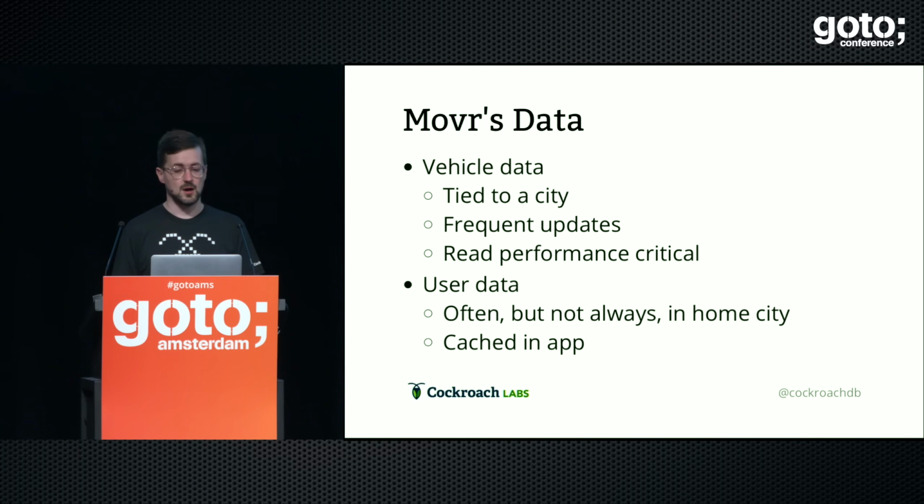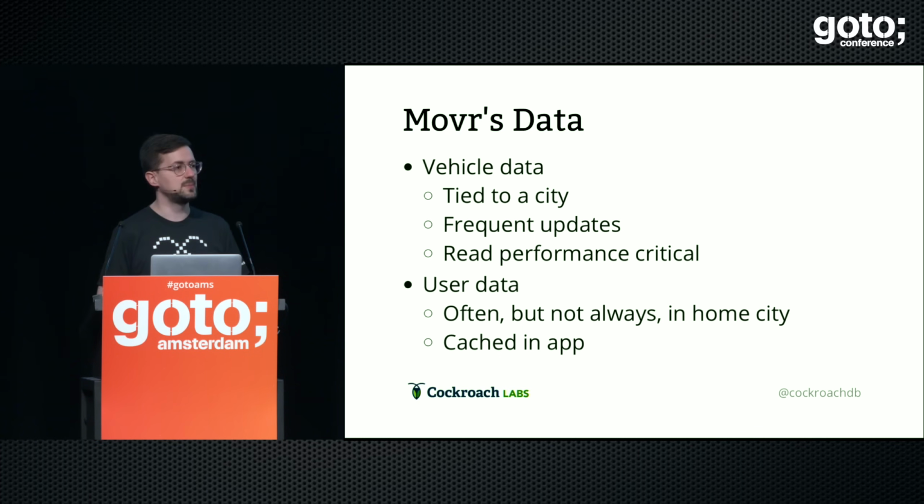The second category of data is user data. Users are also associated with a home city, but they can move around. When you're on holiday in another country, you want to be able to use your same Mover account to get a bike, even when you're far away from home.